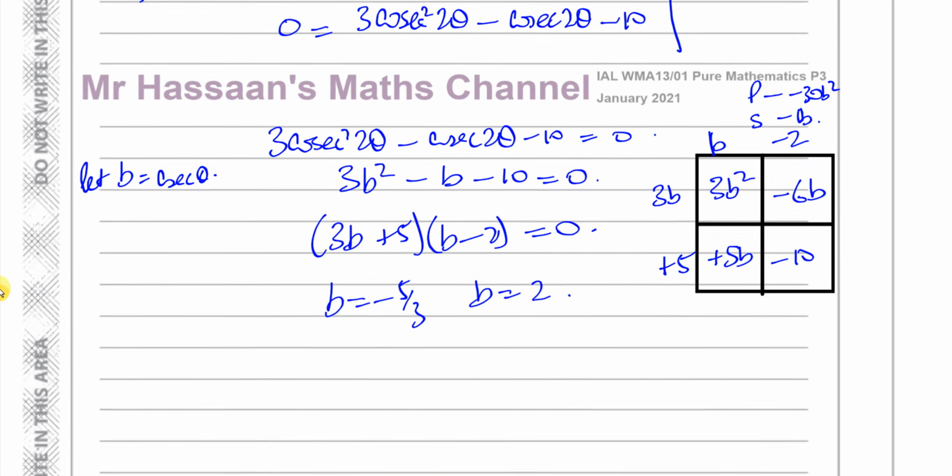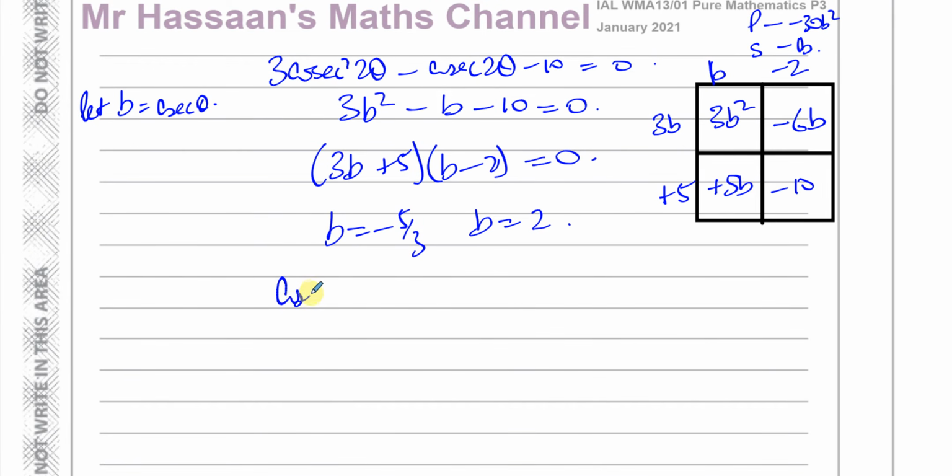So now I can say that b equals cosec 2 theta, sorry, cosec 2 theta. I should have said cosec 2 theta in the beginning, by the way. So we know that cosec of 2 theta is equal to minus 5 over 3, and cosec of 2 theta equals 2. Right, now I can try to solve these.